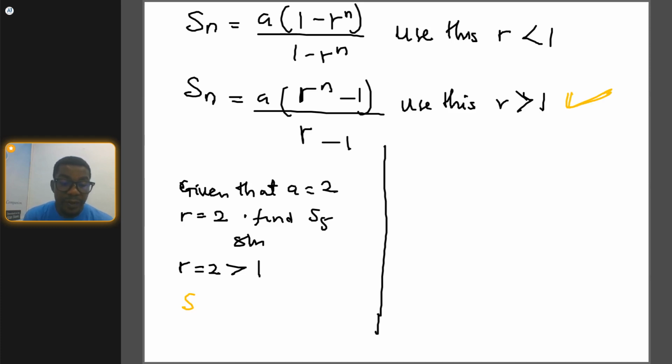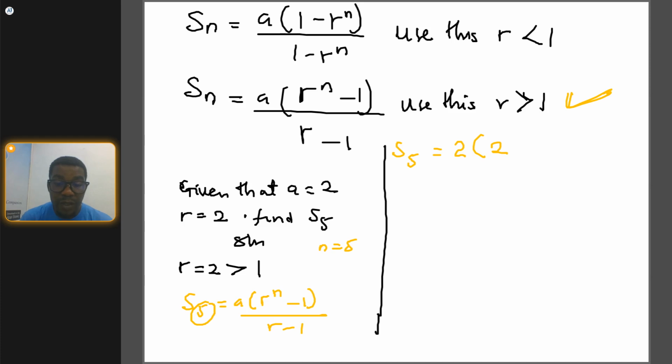We have S5 equals a into bracket r raised to power n minus 1, close the bracket, over r minus 1. S5 equals a. The value of a that was given is 2 in bracket. r is given to be 2 raised to power n, and your n here is going to be 5.